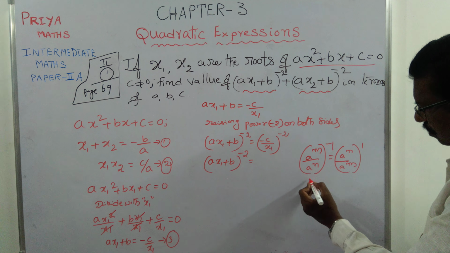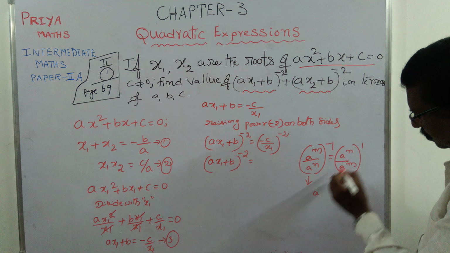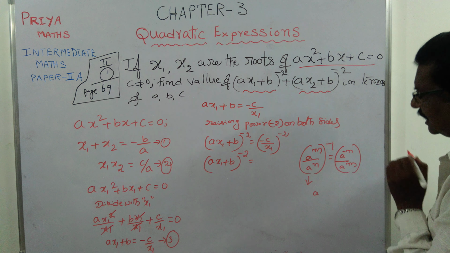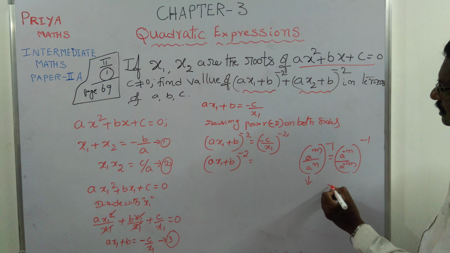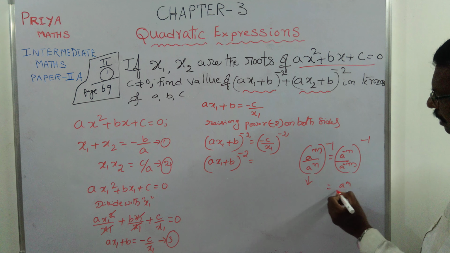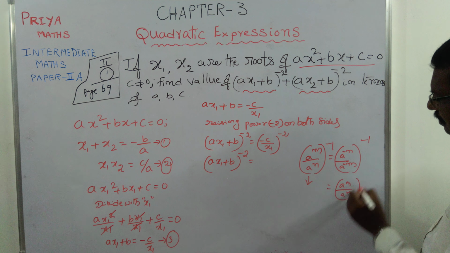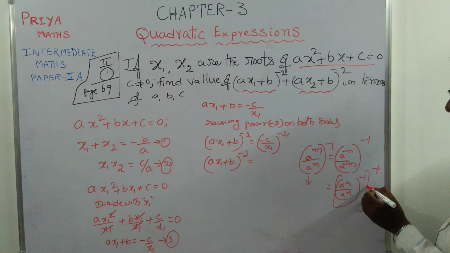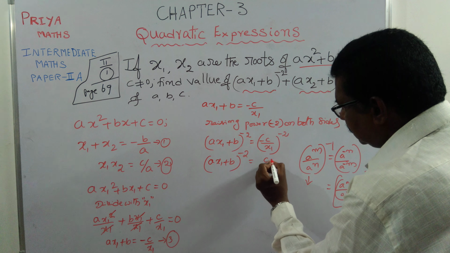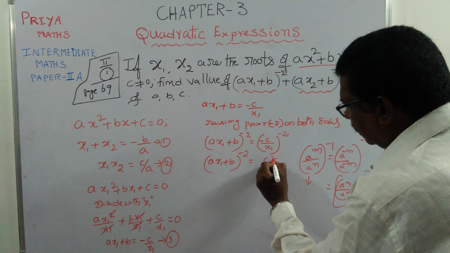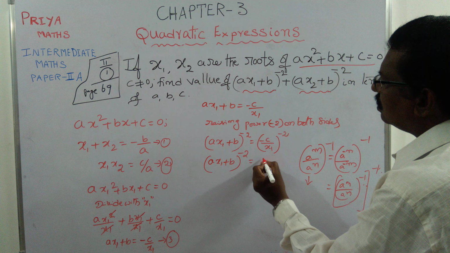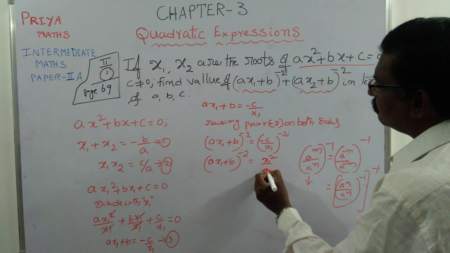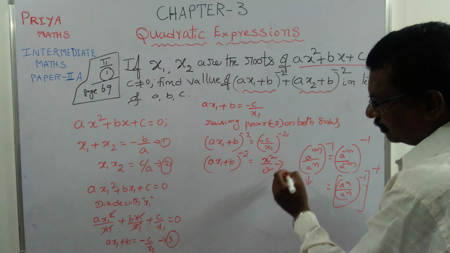So I write like this: c square by x1 square reversed, that is x1 square by c square. Say this is equation number 4.